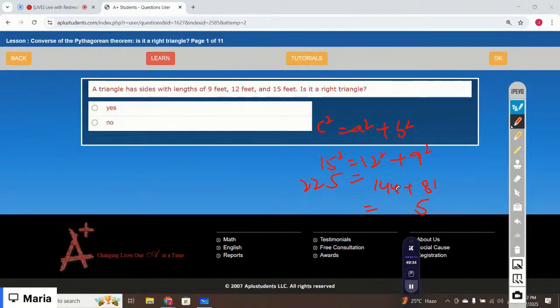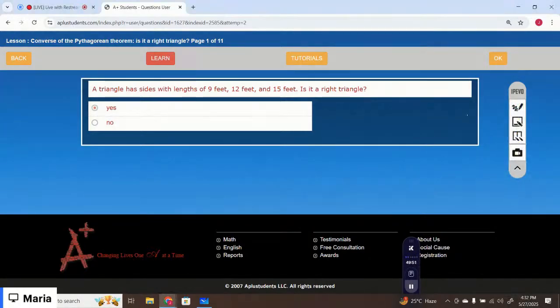That is 225. So both sides are exactly equal. So that means yes, that is a right triangle. The correct option is yes.